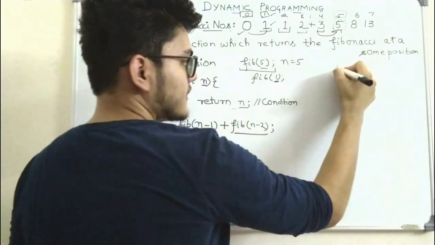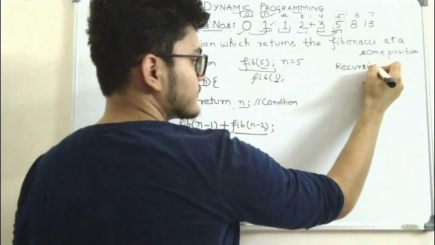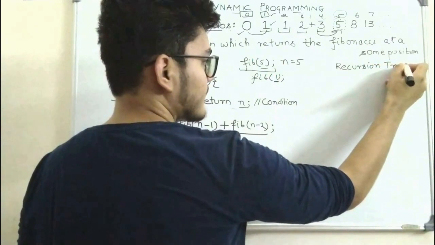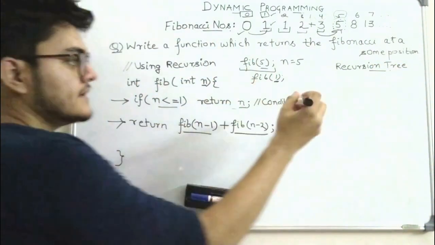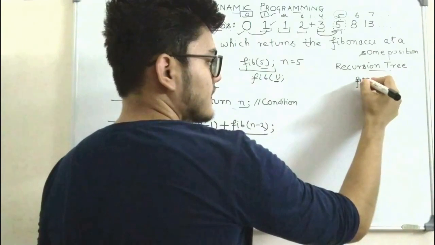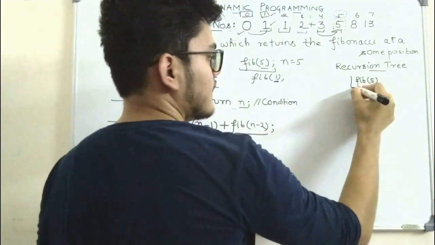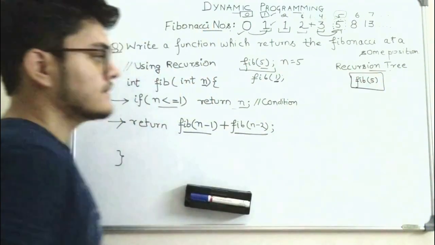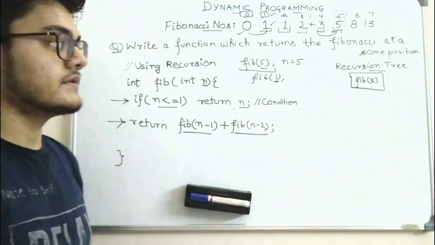So here is the recursion tree, which basically represents how recursion is working in case of our example. The call is Fibonacci of 5. We want to calculate the Fibonacci number at the 5th position.